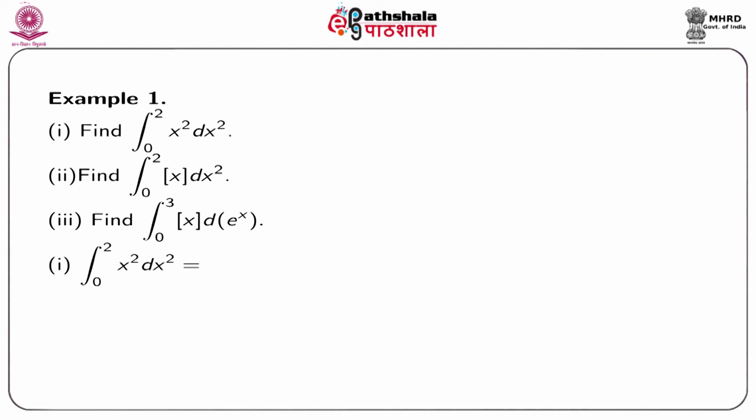Consider the first Riemann-Stieltjes integral 0 to 2 x square d(x square). This is equal to integral 0 to 2 x square into 2x dx by a known formula. So, this is equal to integral 0 to 2 of 2x cube dx, and the value is equal to 8.